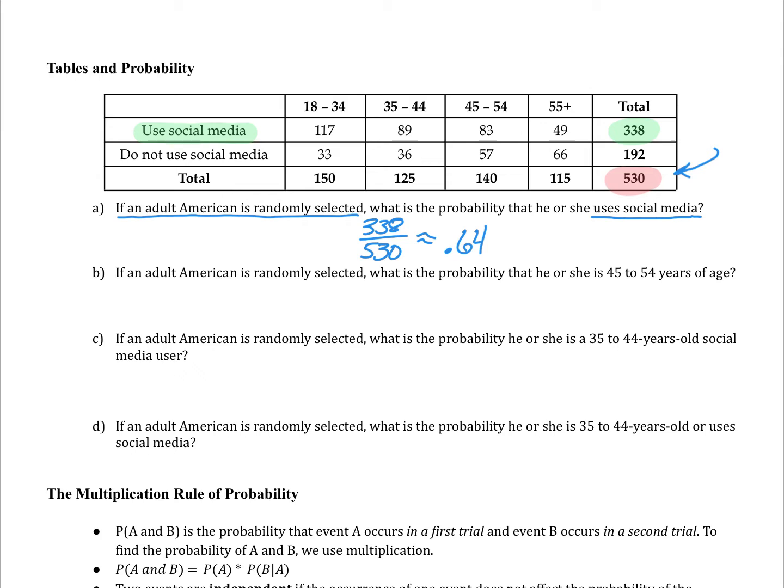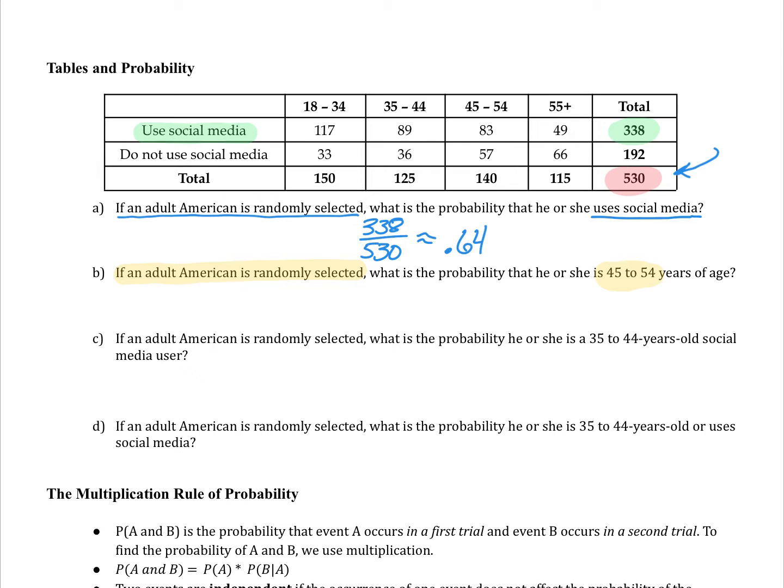We are looking at an adult that is randomly selected. So again, we are drawing from the entire population, which is 530. What is the probability he or she is 45 to 54 years old? This does not clarify whether we're talking about social media or non-social media.